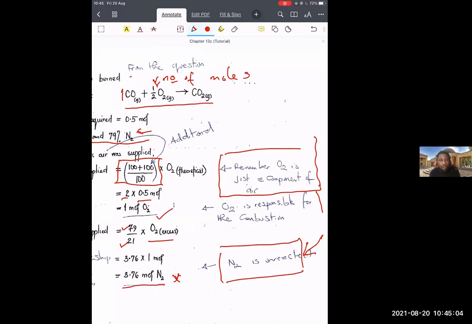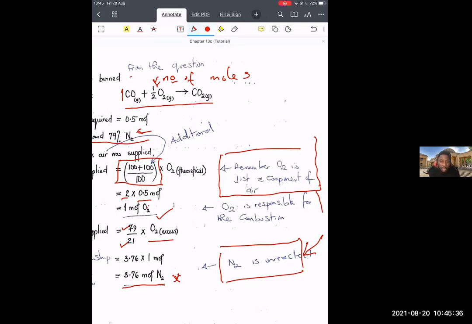It is involved because it is air we are using, but it does not take part in the reaction. It's just like a catalyst. Whenever you're dealing with a reaction, in as much as the catalyst just mediates the reaction and doesn't participate in it, you still need to ensure that you consider it. So we will need to consider the nitrogen.